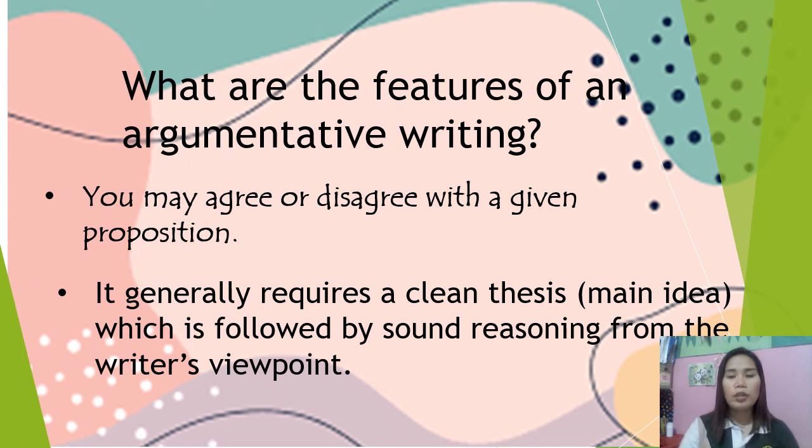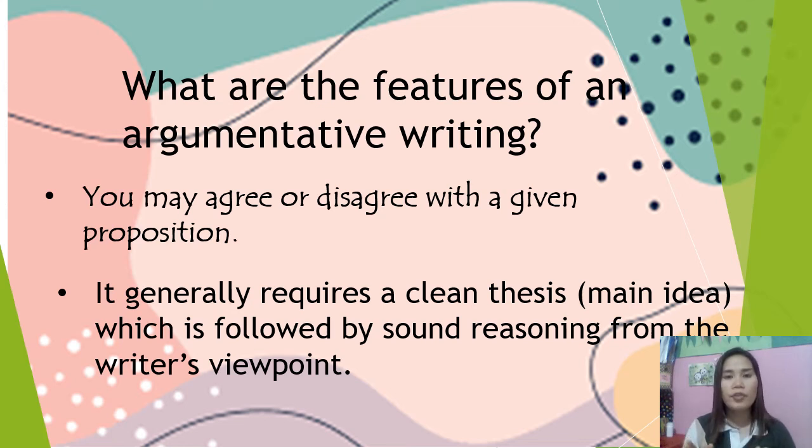So what are the features of an argumentative essay? First, you may agree or disagree with a given proposition. Next, it generally requires a clear thesis, or main idea rather, which is followed by sound reasoning from the writer's viewpoint.